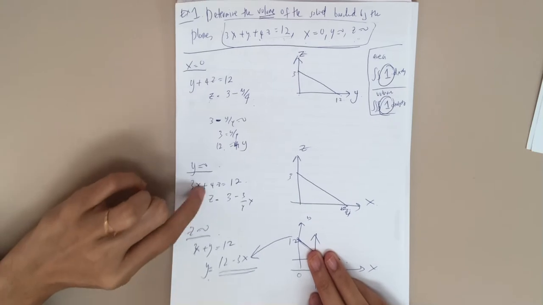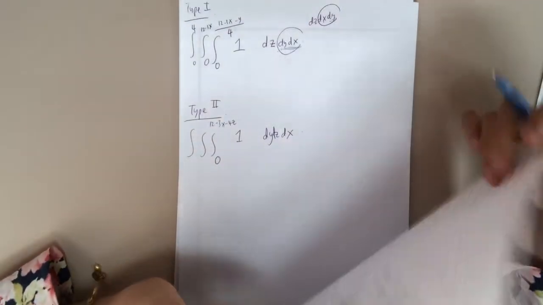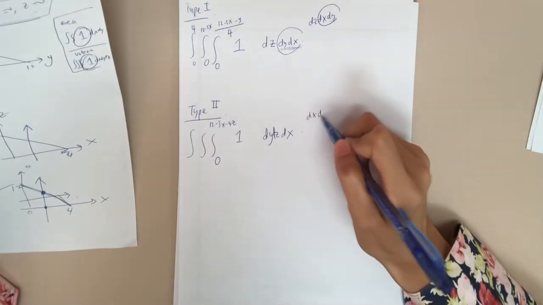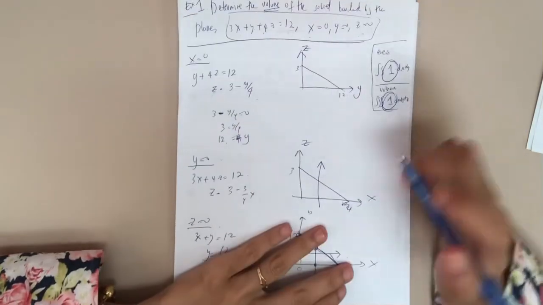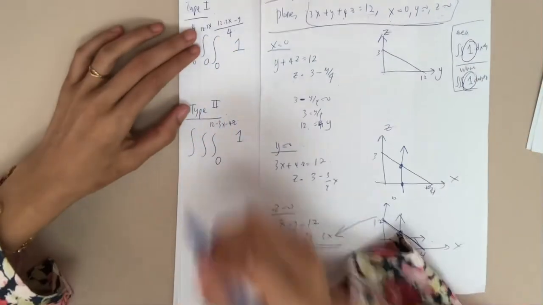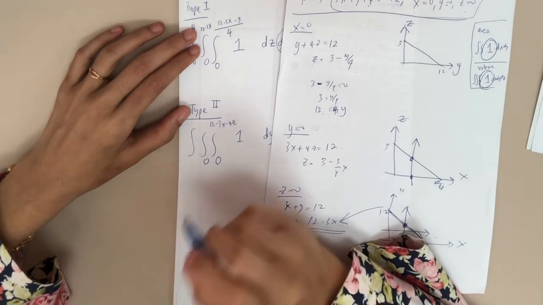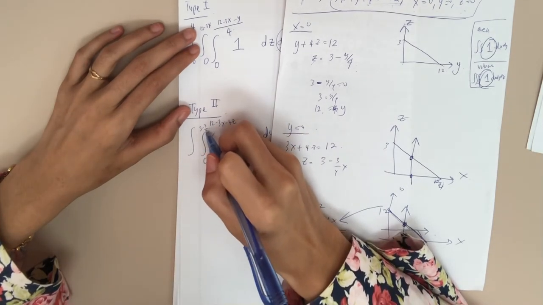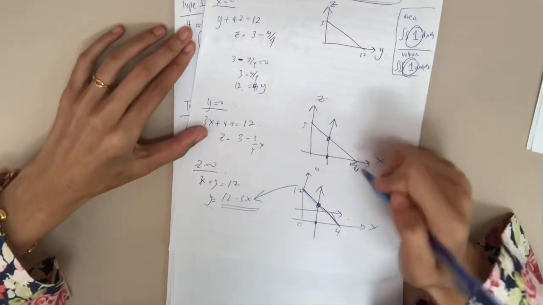If you do dz first, you draw a vertical line. If you do dx first, you need to draw a horizontal line. I do dz first, so I draw a vertical line. You enter at this point and leave at this point. So z equal to 0 and z equal to 3 minus 3/4 x. And then what's the limit for x? 0 until 4.